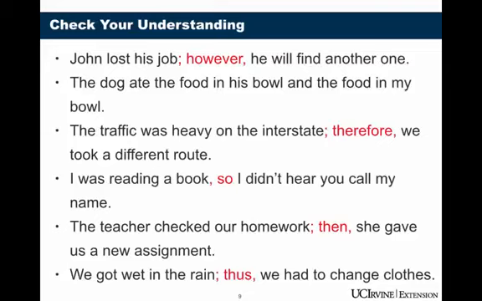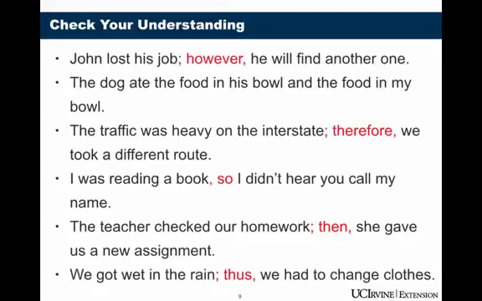We're joining two sentences with the transition therefore, so we put a semicolon in front of it and a comma after it. On the fourth sentence, we joined two sentences with the conjunction so, so we need to put a comma in front of it. On the next one, we joined two sentences with the transition then, so again, a semicolon in front and a comma after.